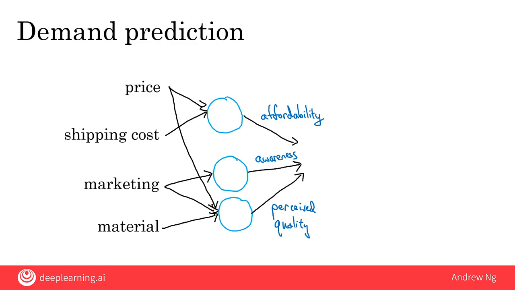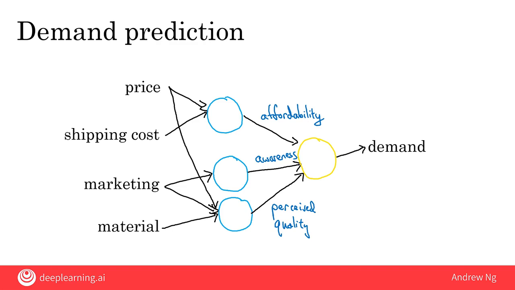Finally, now that these three blue neurons have figured out how affordable, how much consumer awareness, and what's the perceived quality, you can then have one more neuron over here that takes as input these three factors and outputs the estimated demand.